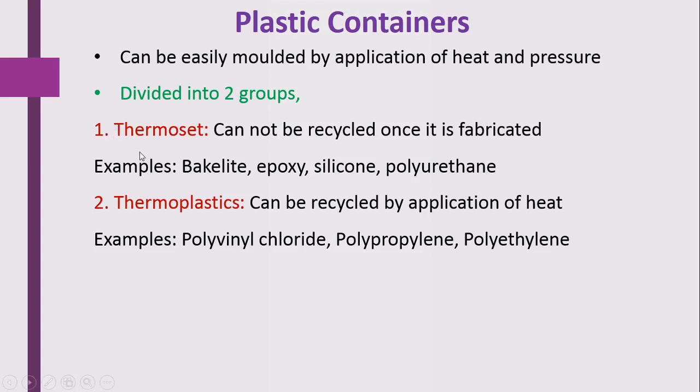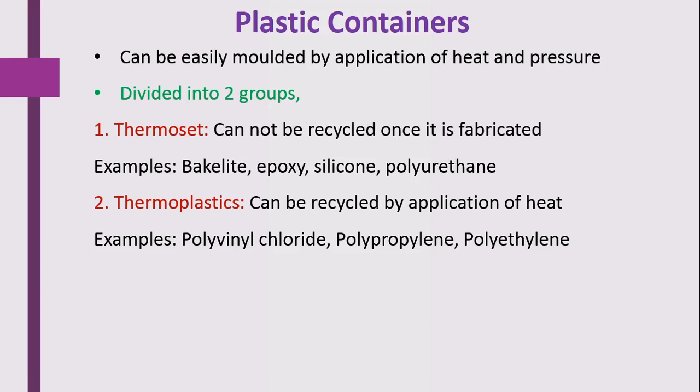The first one is thermoset plastic material. These types of material cannot be recycled once fabricated. Once the plastic container is manufactured, it cannot be recycled.